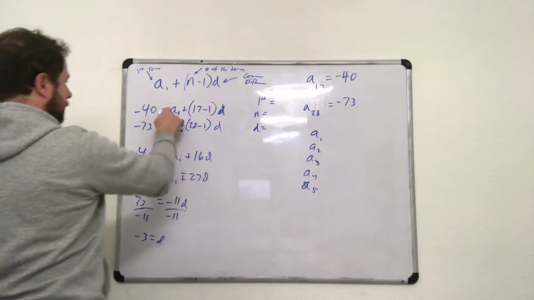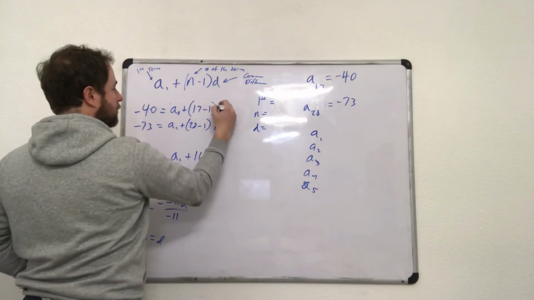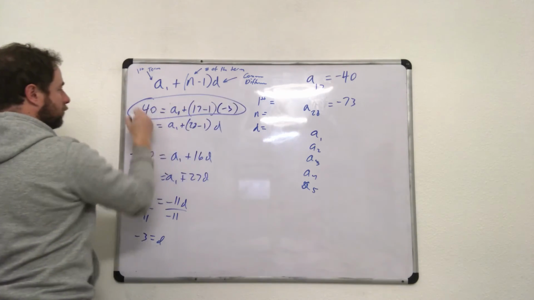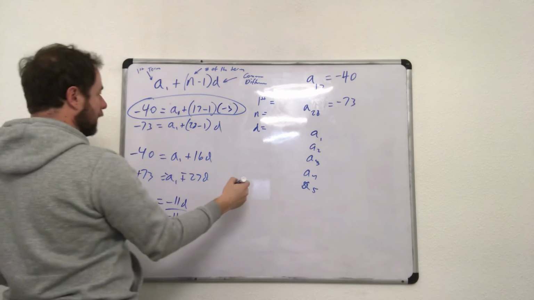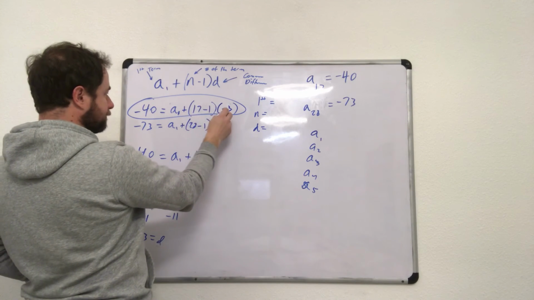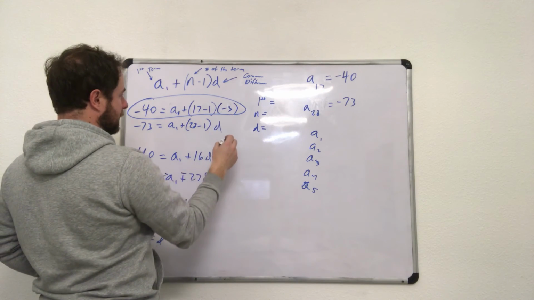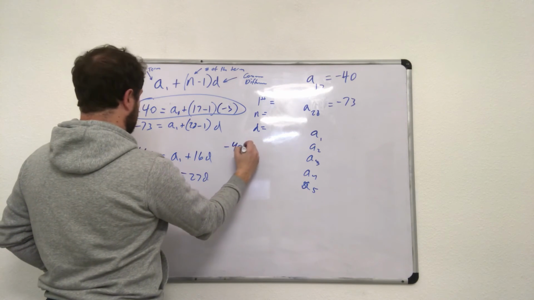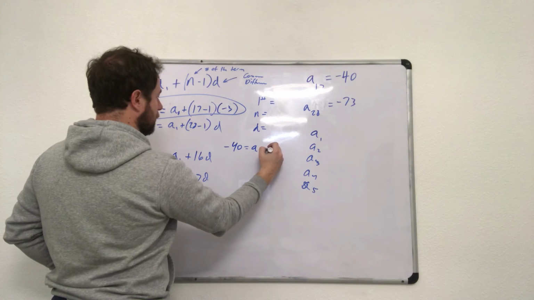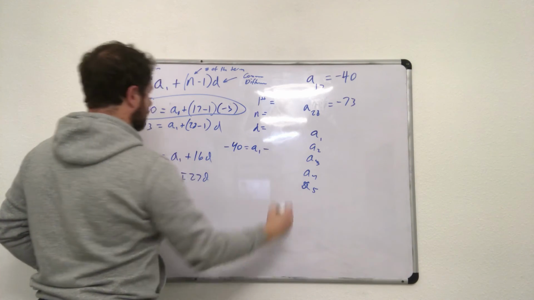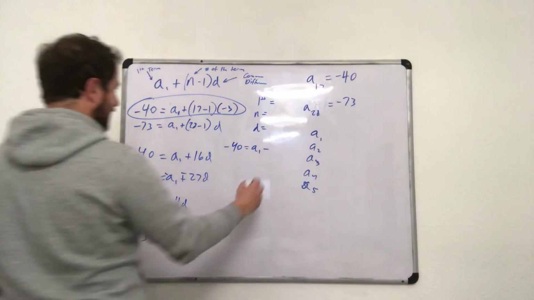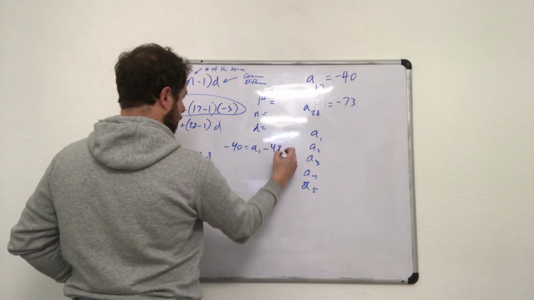Let's go back up to right here. If the common difference up here was -3, we could actually solve for A1. So -40 equals A1 plus 16 times -3, and 16 times -3 is -48.